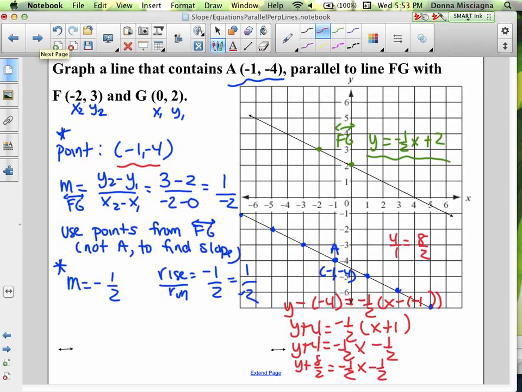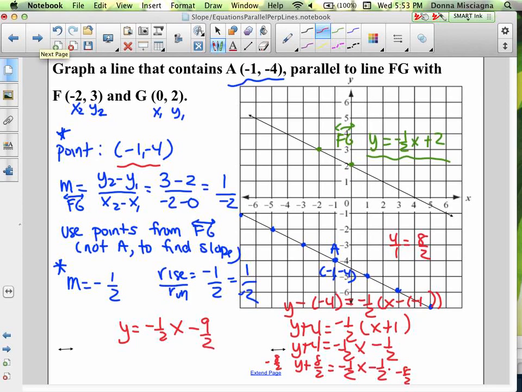Now we're going to have to subtract 8/2 from both sides. So our equation is y equals -1/2 x minus 9/2.